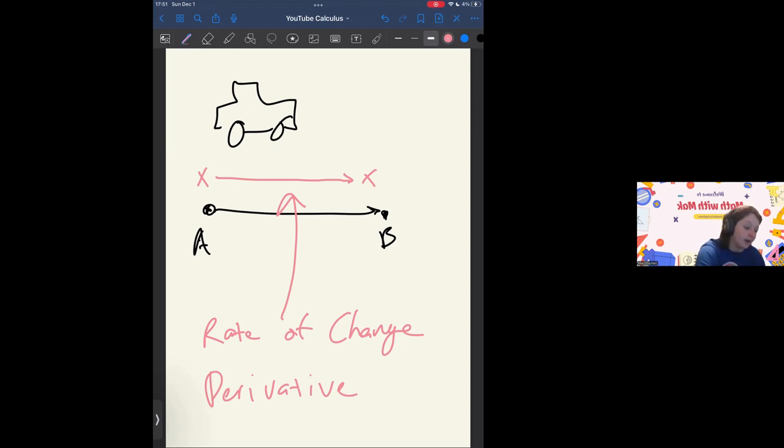So let's look at this in a more mathematical way. Let's say the function of my position is x squared plus 3x plus 4, and this gives me some amount of feet that I've gone at any given time.